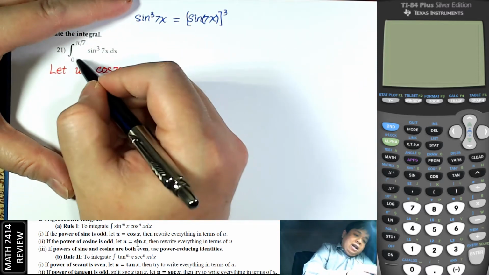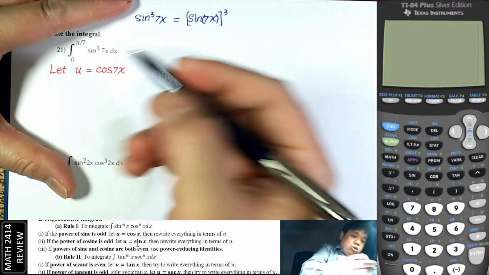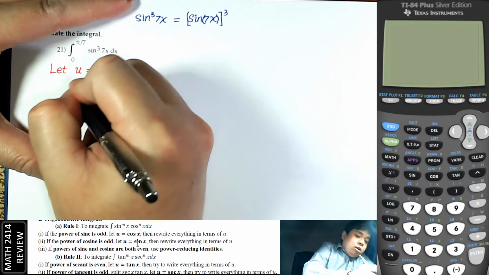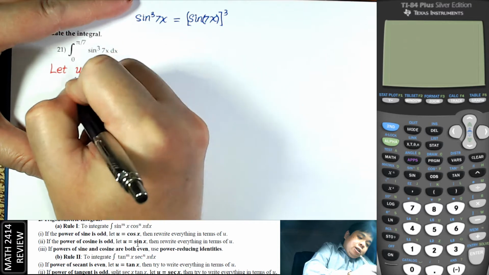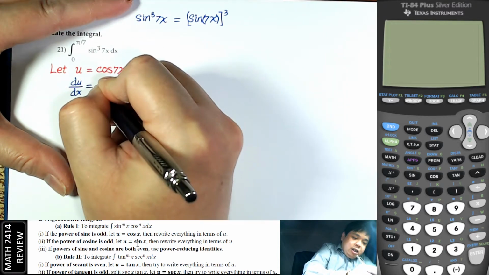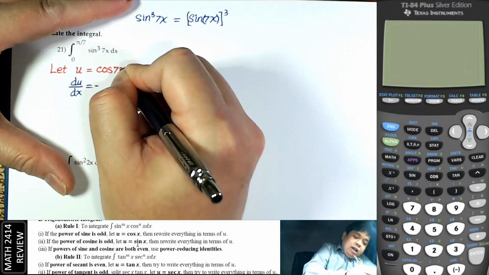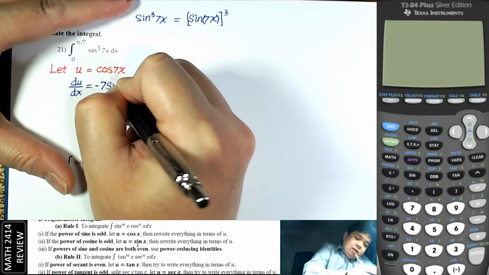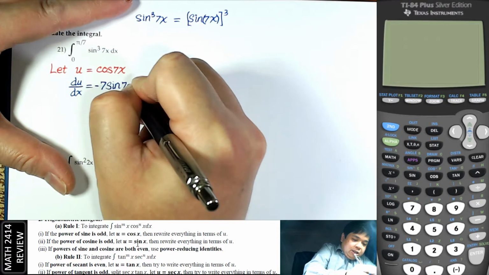And then this one has the limit, so we should change the limit to u as well. We'll take the derivative of cosine, which is negative sine, and there's a 7x, so that would be negative 7 sine of 7x.